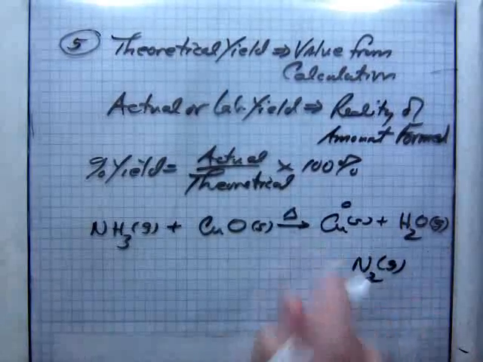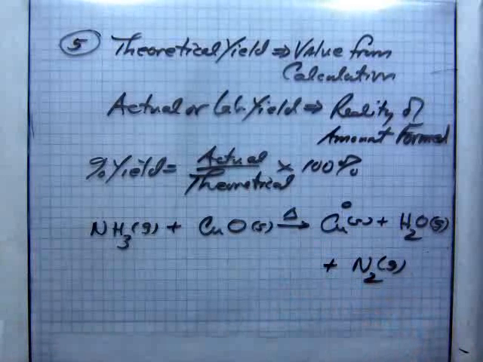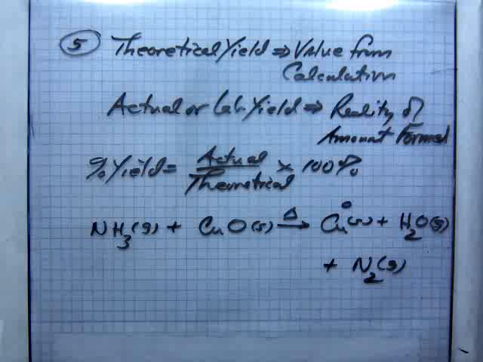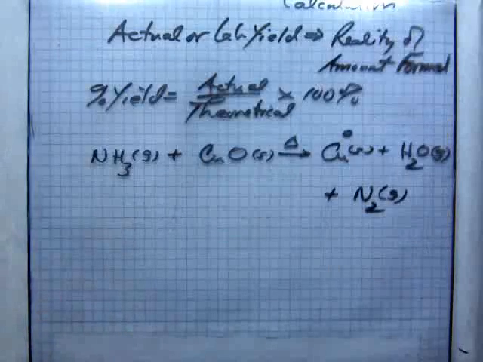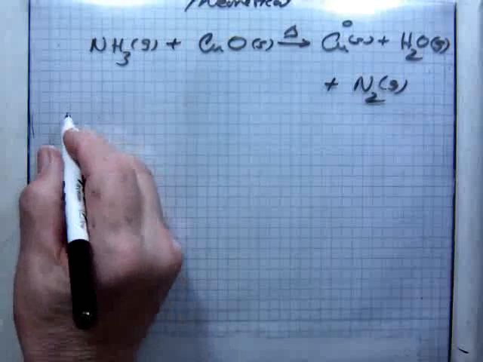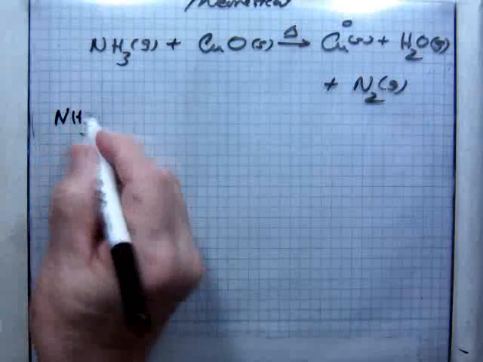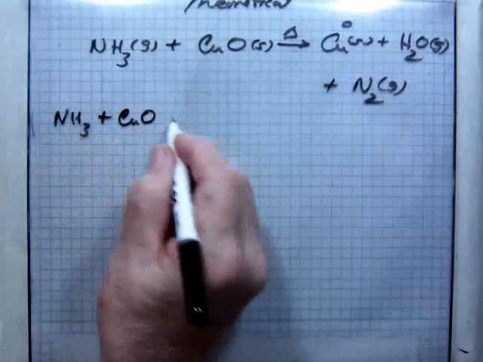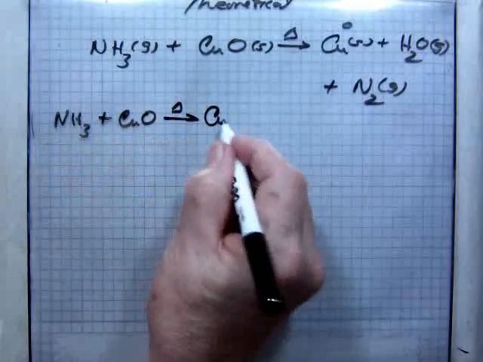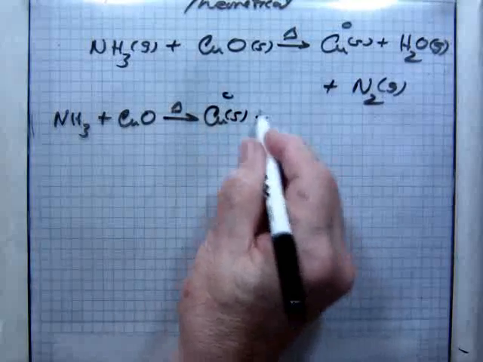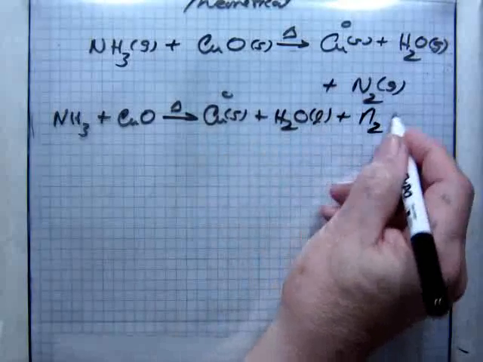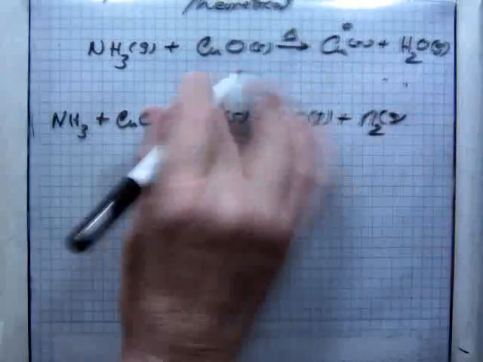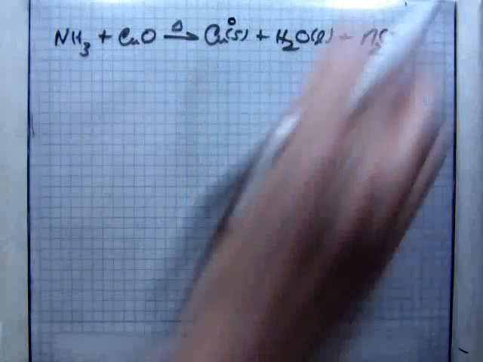We've got to put the nitrogen in there, don't we? I can write that out a little better so we have a more usable form. NH3 plus copper oxide goes to copper plus H2O plus N2 gas. Yeah, that'll work a little better for us.